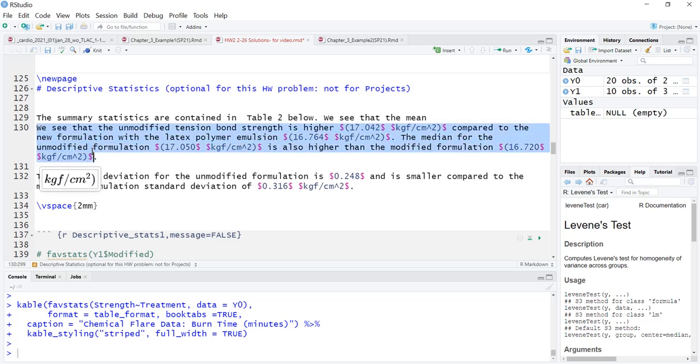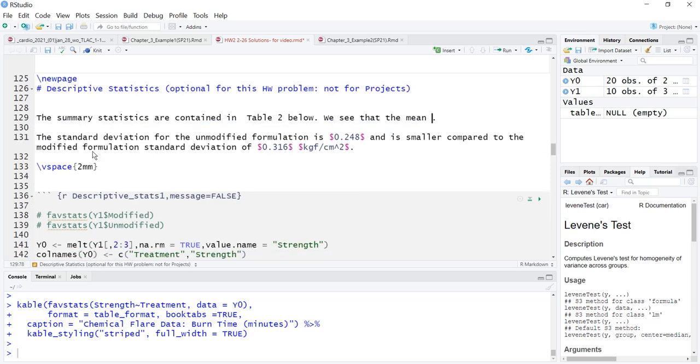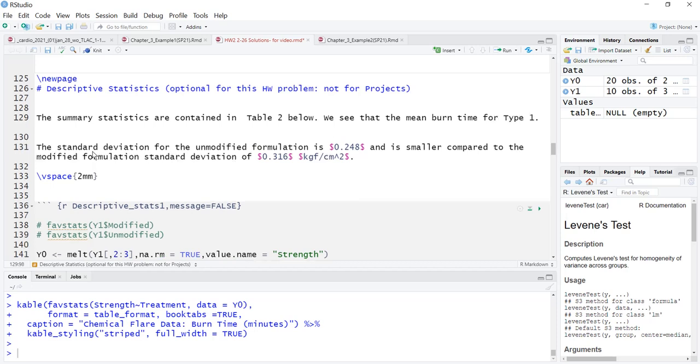So let's get rid of all this and correct this. So we have that the mean burn time for formulation for type 1 is higher, slightly higher, I'm going to say.